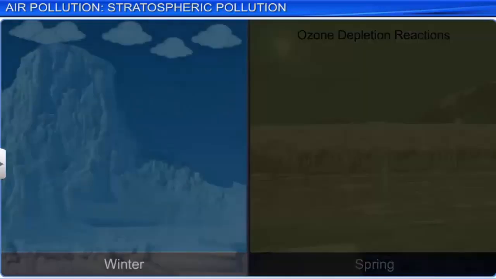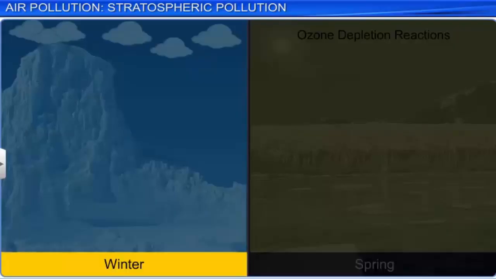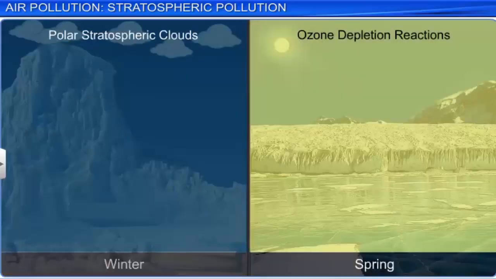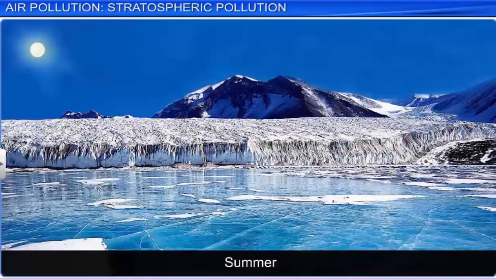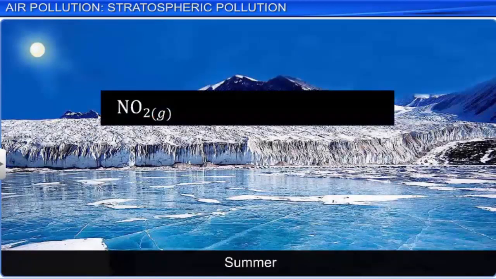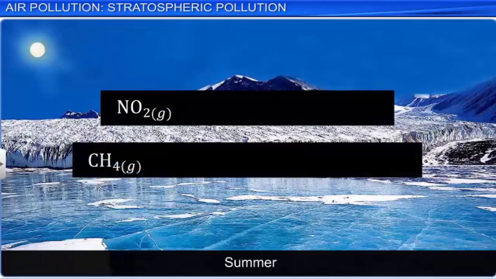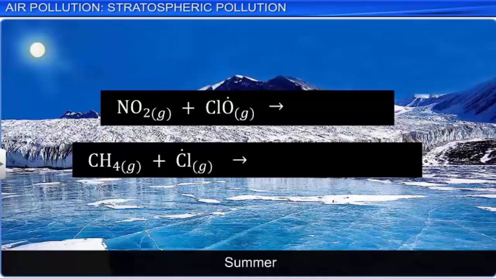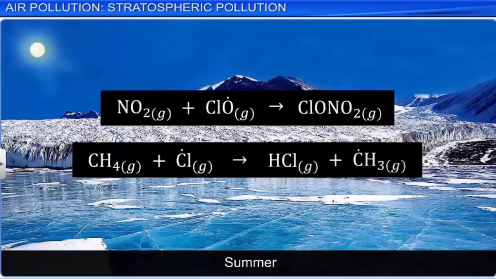During the dark days of the winter, the region gets covered with polar stratospheric clouds. During summer, nitrogen dioxide and methane react with chlorine monoxide and chlorine free radicals and form stable reservoir compounds like chlorine nitrate, ClONO2, and hydrogen chloride, HCl, respectively.